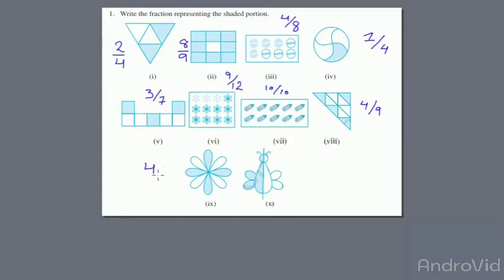Next we have 4 out of a total of 8. In this picture, it is clearly seen that half of the picture is shaded, therefore 1 over 2.